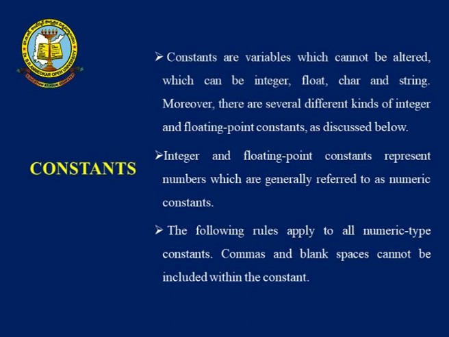Whatever they may be, once a constant is declared, it cannot be altered. There are several different kinds of integer and floating point constants, and these represent numbers, which are generally referred to as numeric constants.